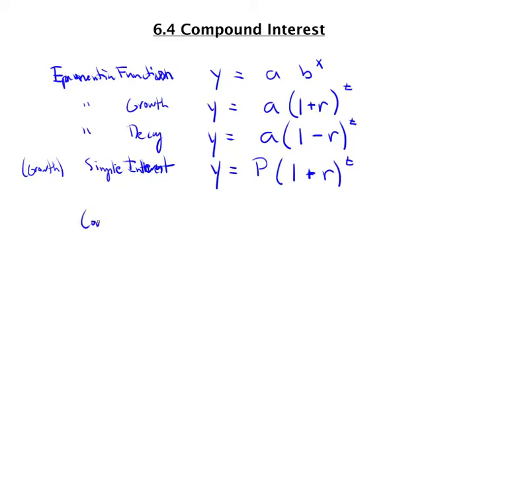Now, compound interest is very similar to that. But it's a little bit different. We have our P for our principal, which is kind of that same A. We also have 100%, because we always have to have that 100%. And it's a growth. And it uses that T and the R as our rate, as the annual rate. Now, what's different about this is that in the equation we have our n, the number of times it's compounded.